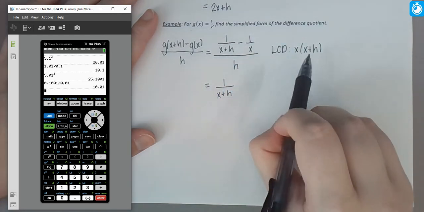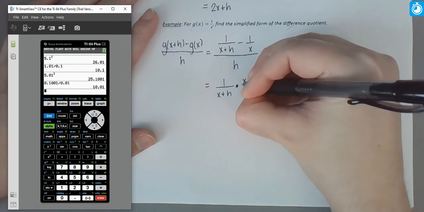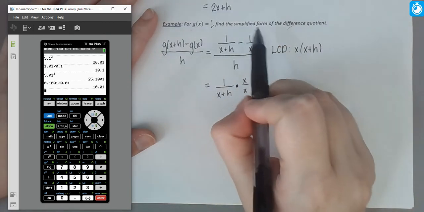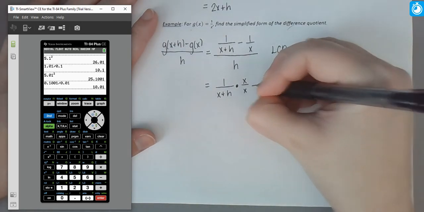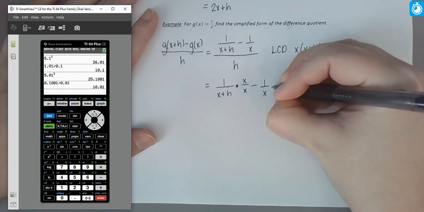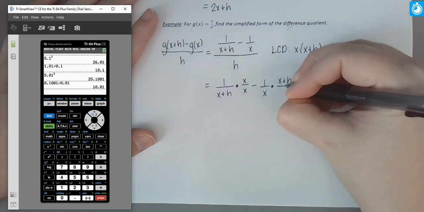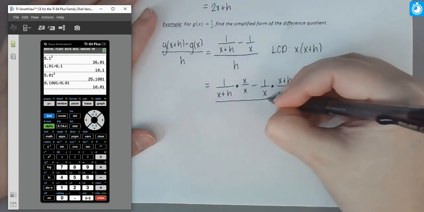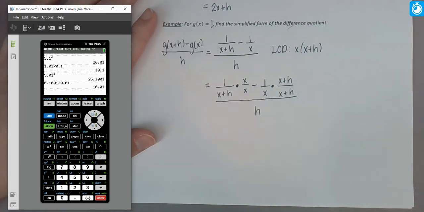So 1 over x plus h, I need an x to get that common denominator, so I multiply in the numerator and denominator by x. Now the second one, we've got the x, but we're missing the x plus h. So similarly, I'm going to multiply in the numerator and denominator by what I'm missing, in this case the x plus h. Don't forget the h in the denominator, that's still there.